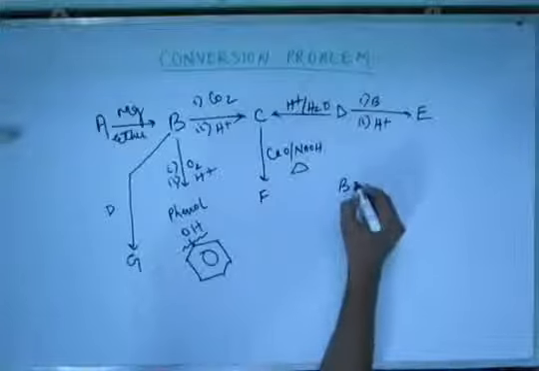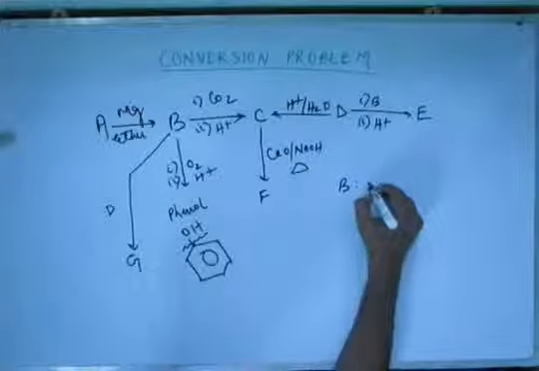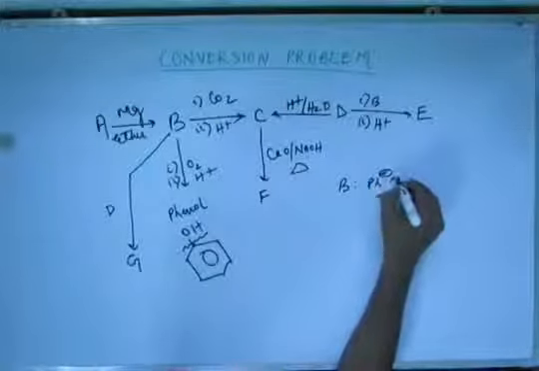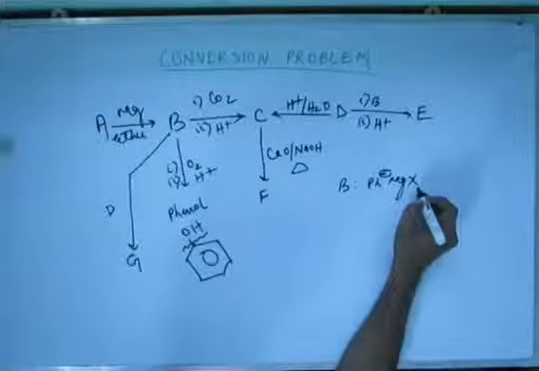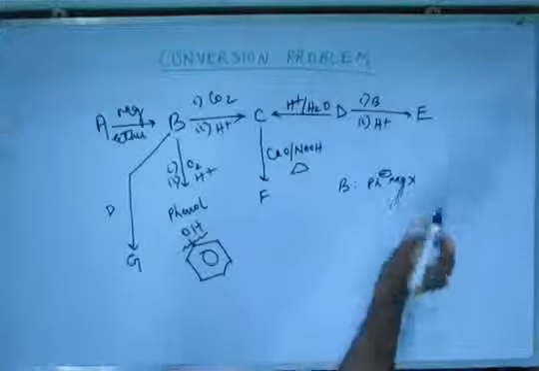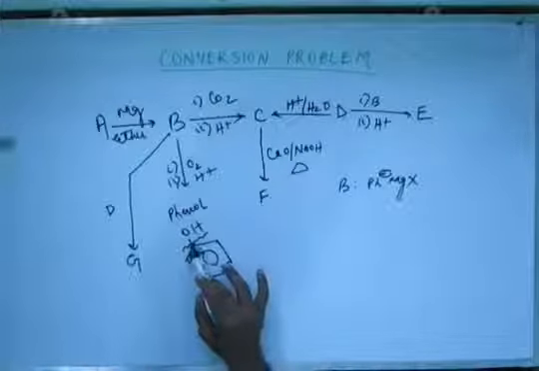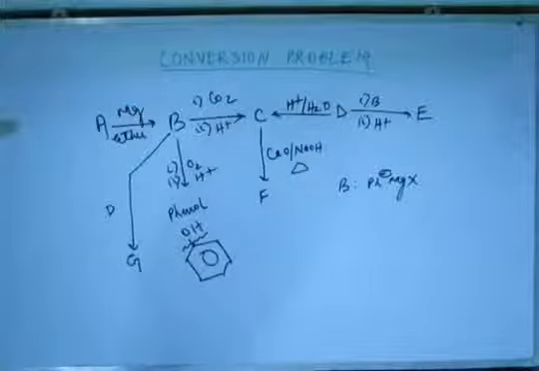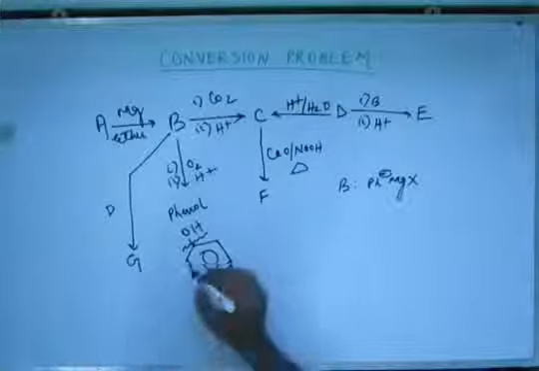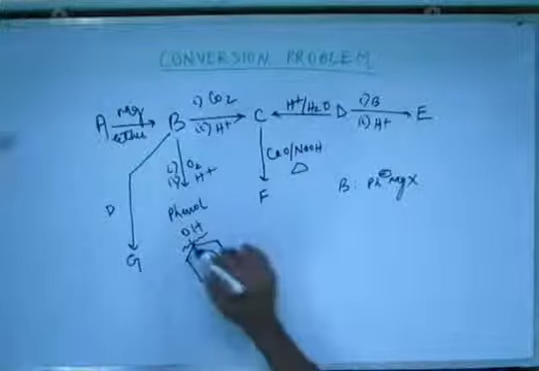So the Grignard reagent of B must be Ph minus MgX. I'm not showing charge on magnesium and X because they are stable. This negative charge has to be at the end where the OH group is added, because that is the end where the reaction occurs, and that will be called Ph minus, a phenyl group.